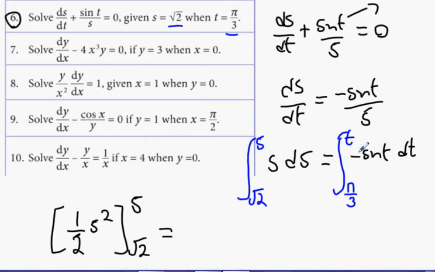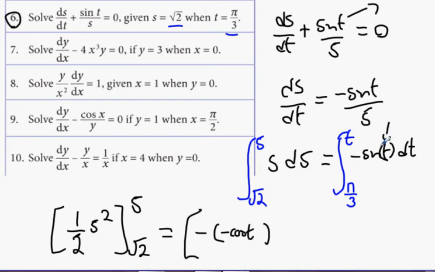I always forget. When you integrate sine t on its own, so it's going to be this minus here. The minus I'm putting down now is the minus from the original formula. And then when you integrate sine t, you get minus cos t. What happens when we differentiate the angle?